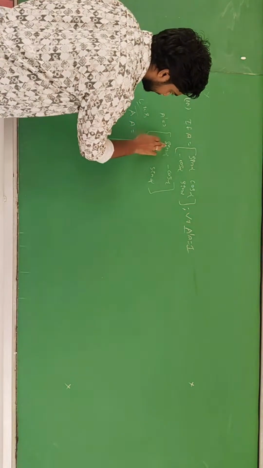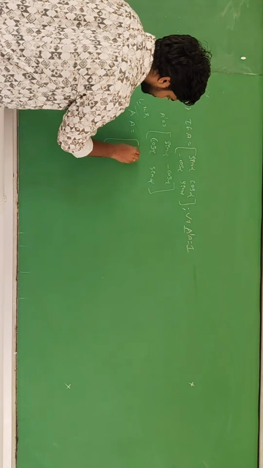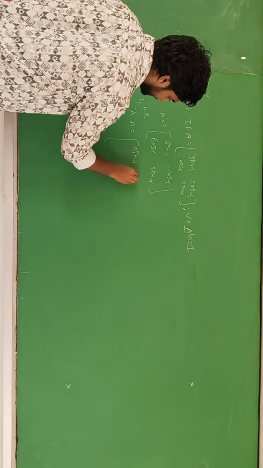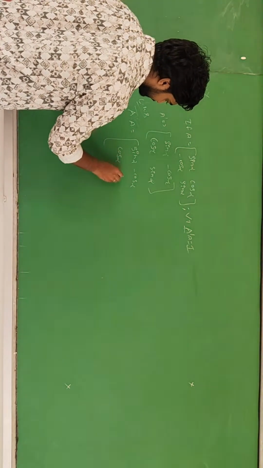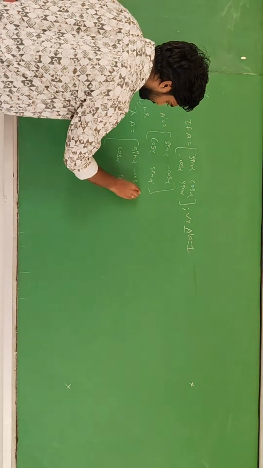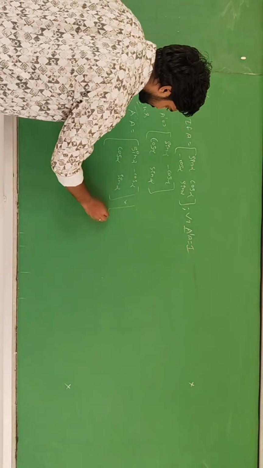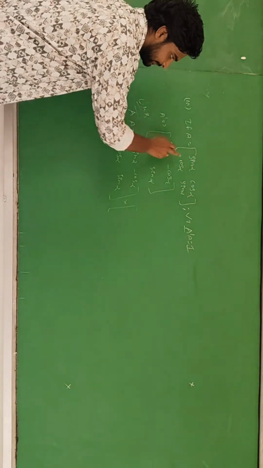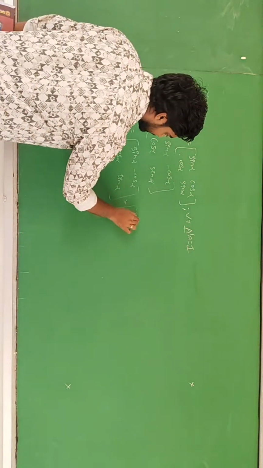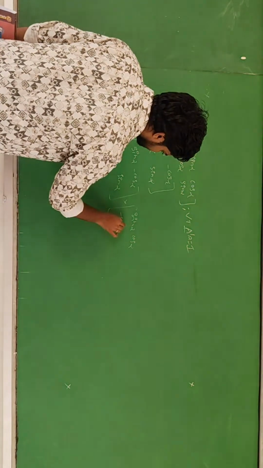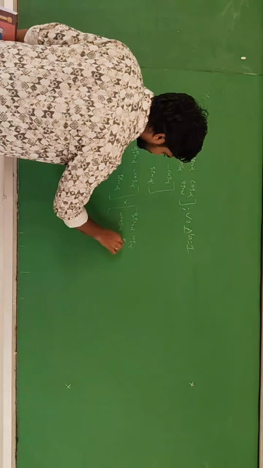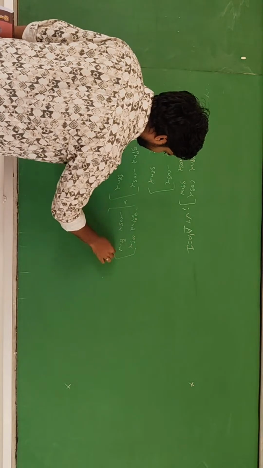A dash is sin alpha and minus cos alpha, into the A matrix, which is sin alpha and cos alpha, minus cos alpha, and the last one is sin alpha.